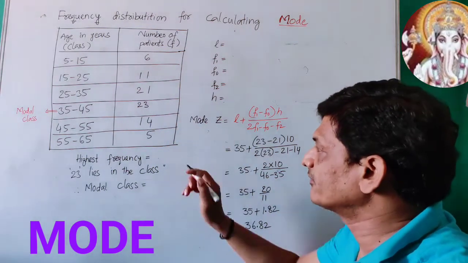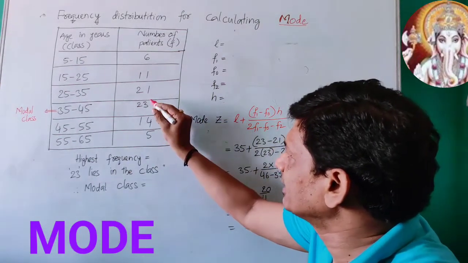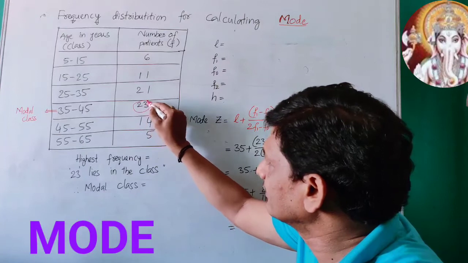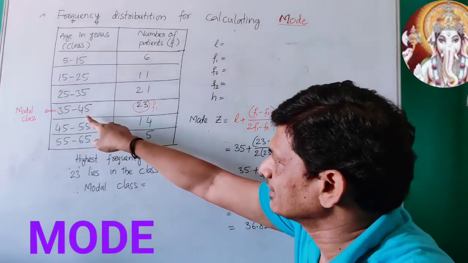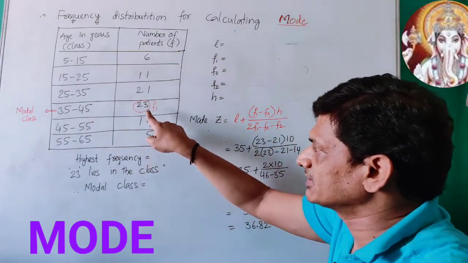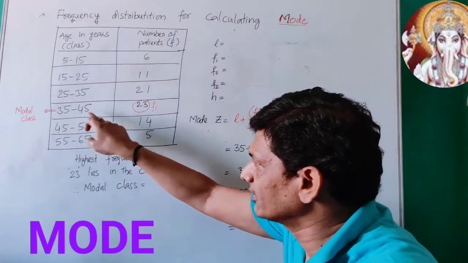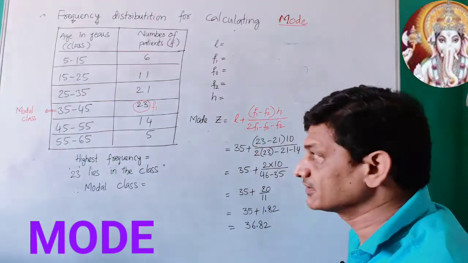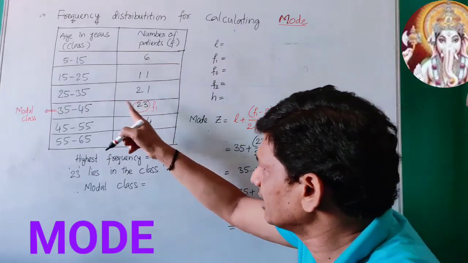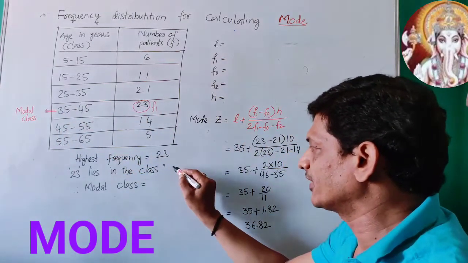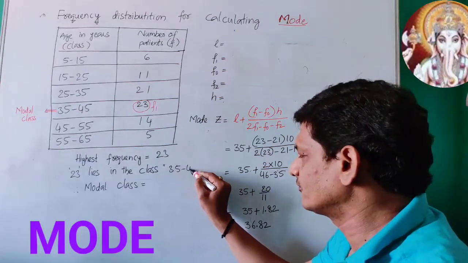That is the frequency of the modal class, so that should be taken as F1, the highest frequency. The class 35 to 45 consists of this value 23. So the highest frequency is 23, and this 23 lies in the class 35 to 45. So the modal class is 35 to 45.